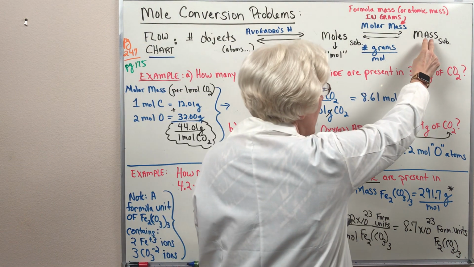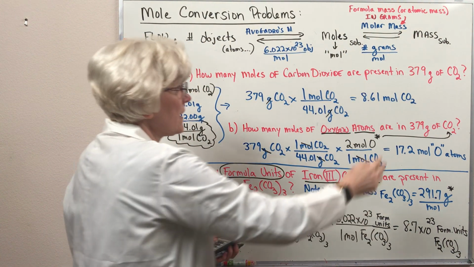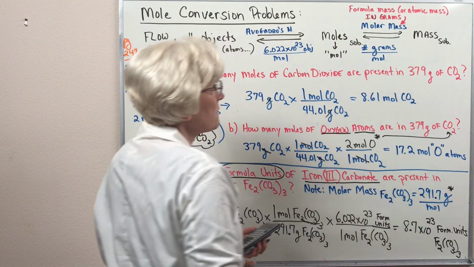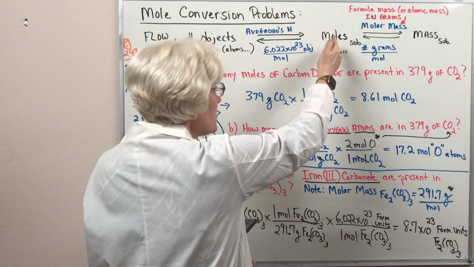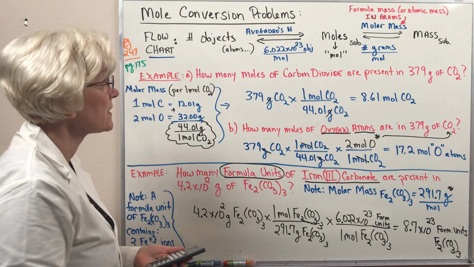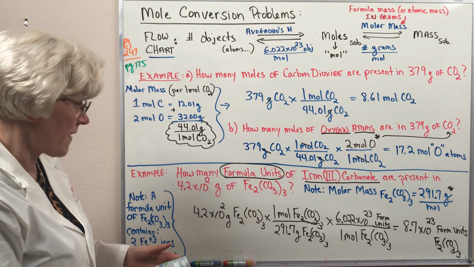So you're going to take the mass and first convert to moles in step 1 of the calculation, using the molar mass as a conversion factor. And then once you've calculated moles, you'll go on and calculate number of formula units using Avogadro's number as a conversion factor.